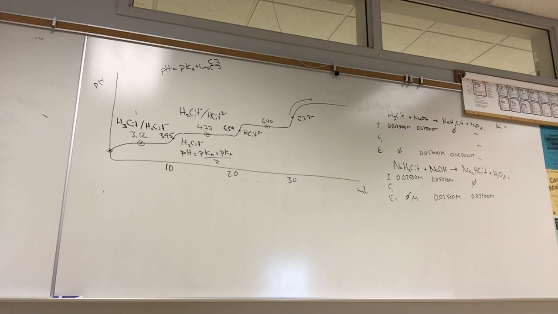So we'll take our sodium monohydrogen citrate plus the remaining sodium hydroxide to make sodium citrate and water. So this is 0.02500. This is 0.02500. This is 0.